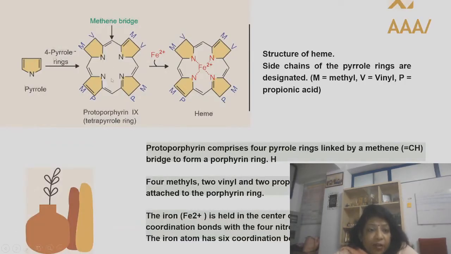This is the structure of heme, which contains 4 pyrrole rings.